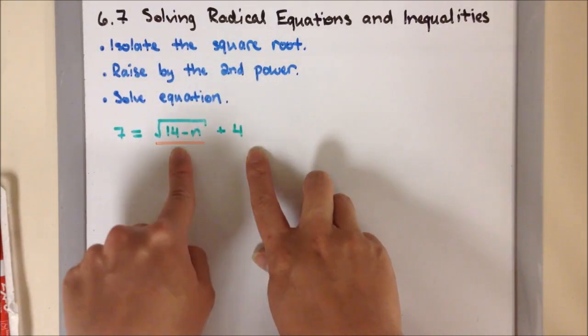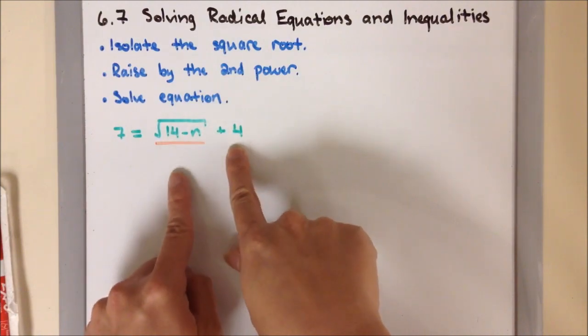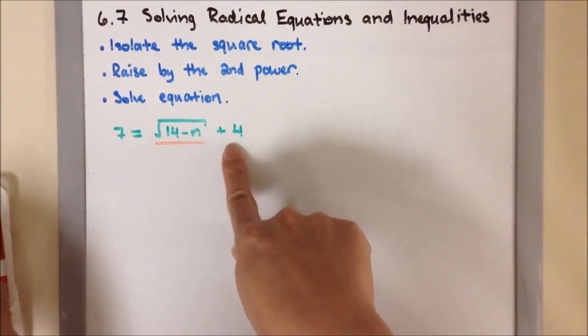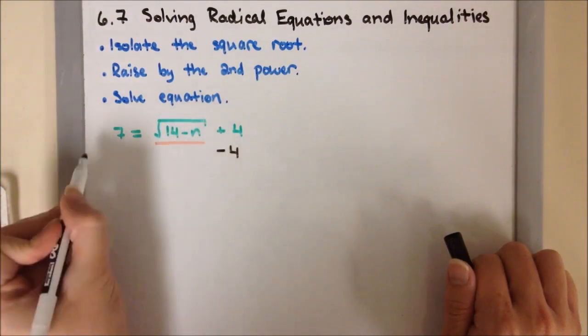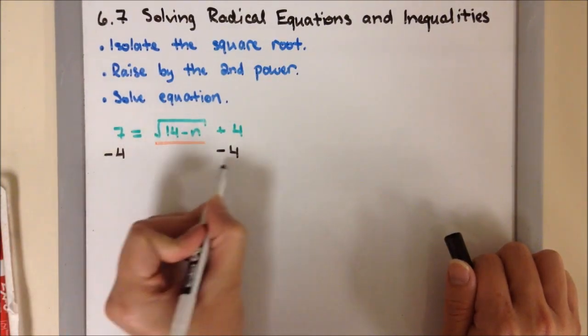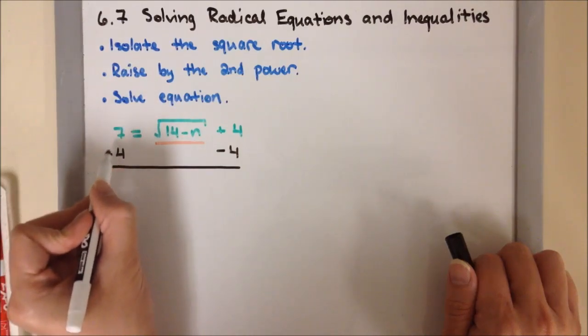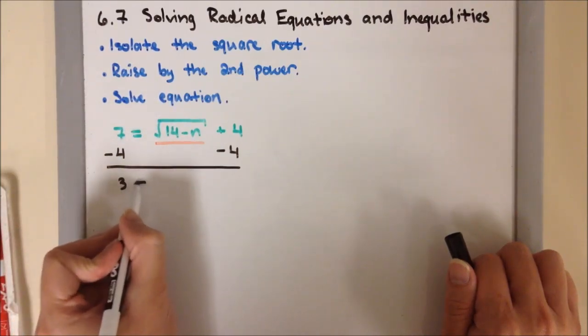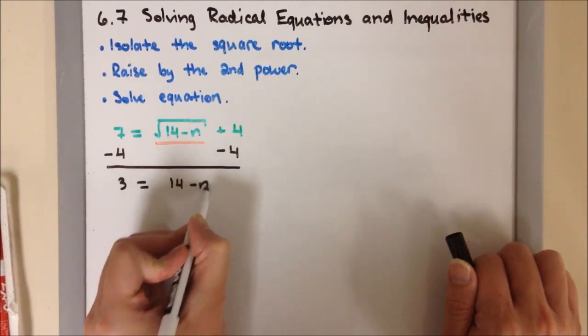If I want to get this by itself, I need to get rid of the plus 4. The opposite of plus 4 is minus 4, so I'm going to subtract 4 on both sides. On the left is 7 minus 4, which is 3, equal to the square root of 14 minus n.